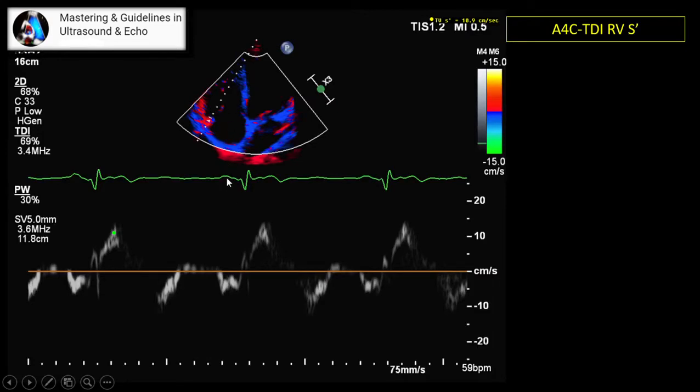Again, your cursor should be almost parallel to the movement of this annulus, the lateral annulus of the tricuspid. Then we measure S prime.